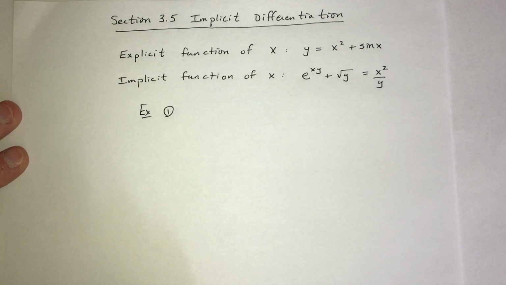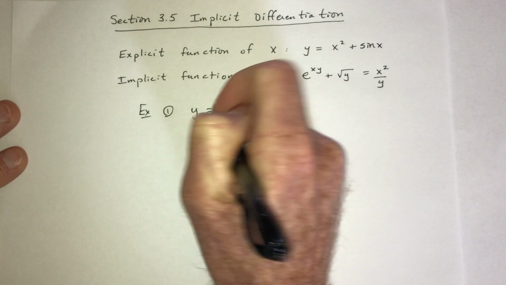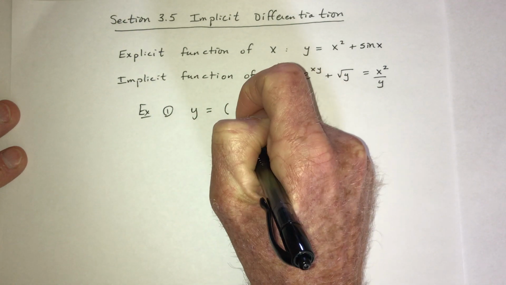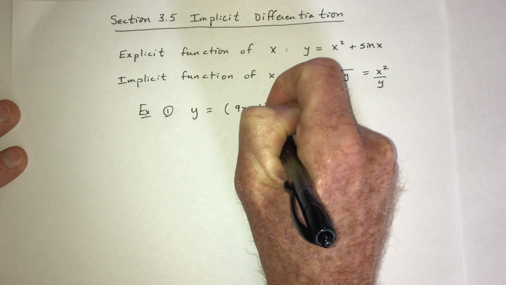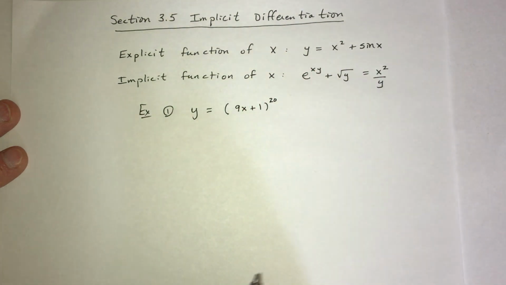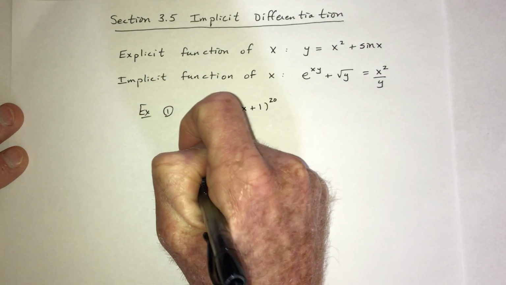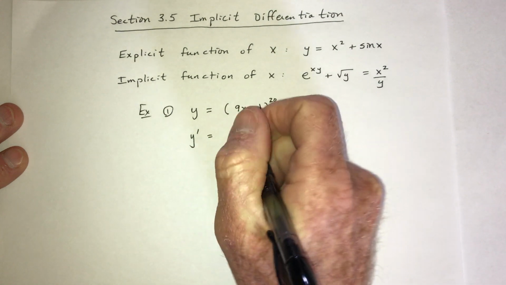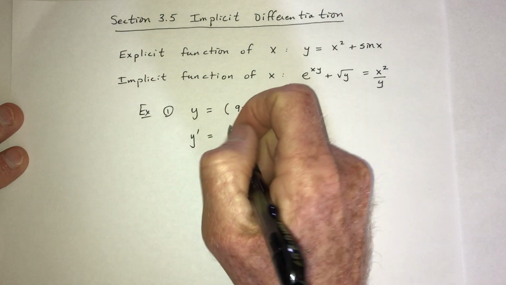Example number 1, here we go. What if it's y equals 9x plus 1 to the 20th. All right, that's an explicit function of x. Go ahead and take the derivative, so it's going to be y prime equals, and then you do the power rule, have the 20 come in front and multiply.